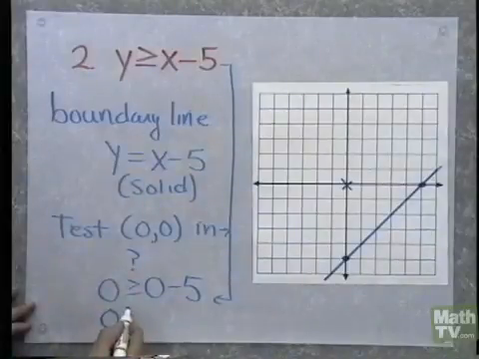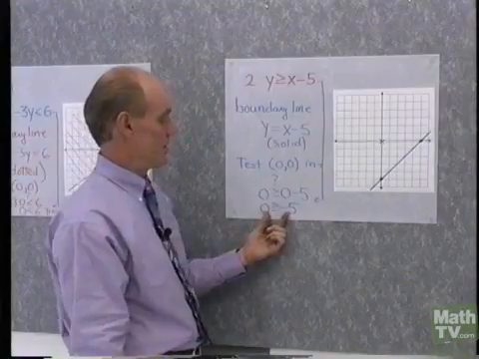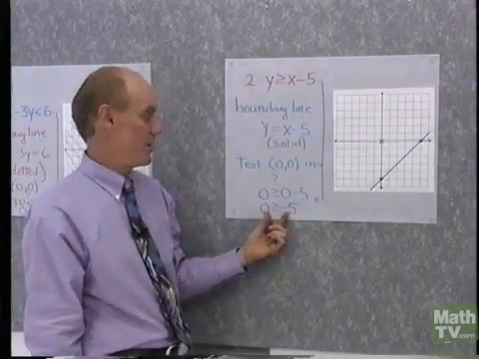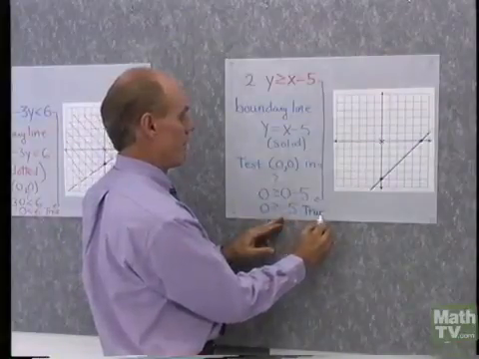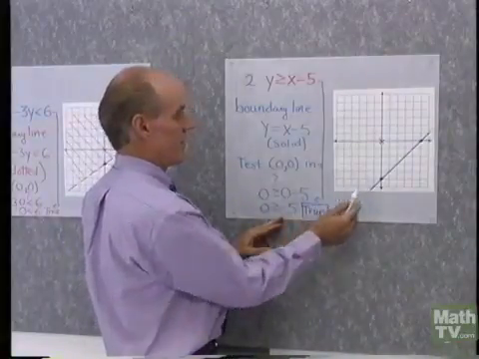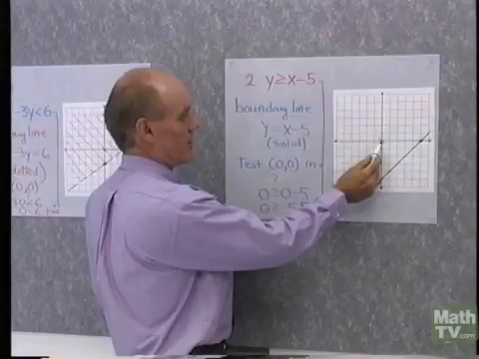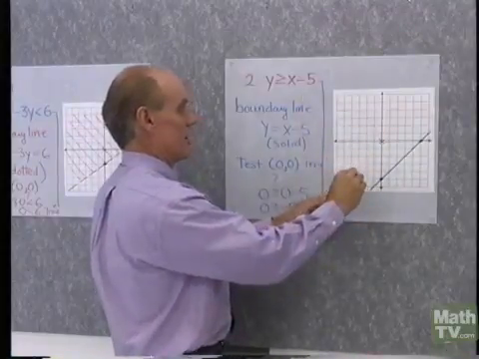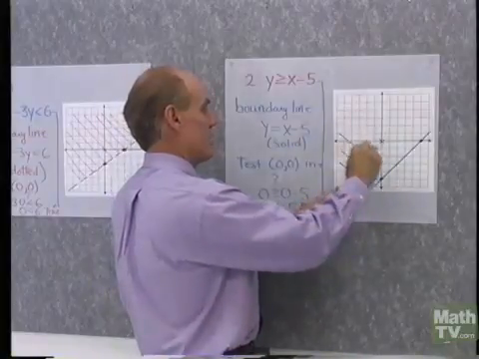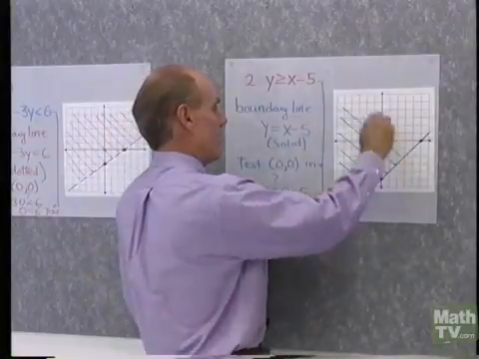So I have 0 greater than or equal to negative 5. Now, is this a true statement or a false statement? 0 greater than or equal to negative 5. It's a true statement, which means that the side that my test point falls on is the side of the solution set for this inequality. So again, this time my solution set lies above this boundary line.